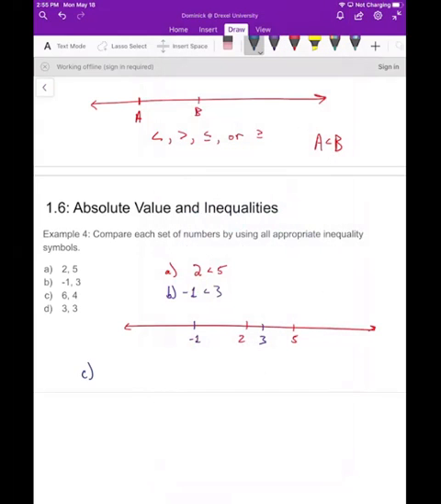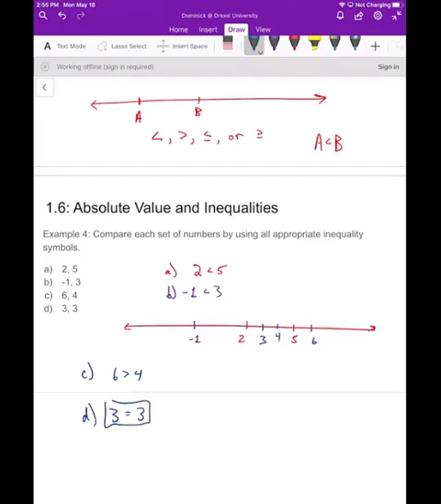In part C, we have 6 and 4. This one, 6 is further to the right, so 6 is greater than 4. And then for D, we have 3 and 3, and of course those are just equal.